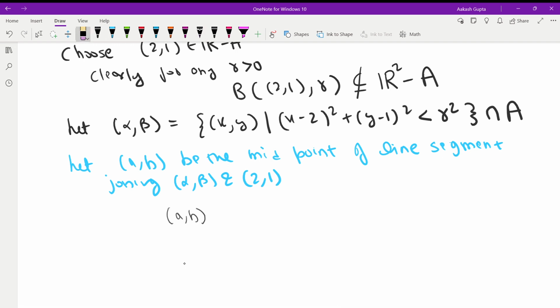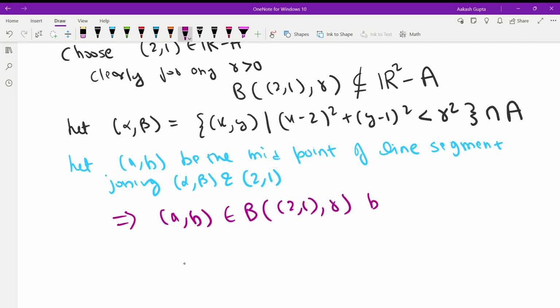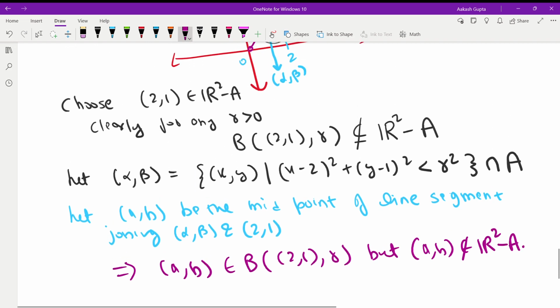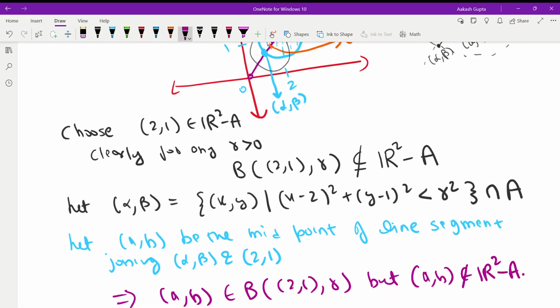So you can clearly see that a comma b belongs to the ball, but a comma b does not belong to R2 minus A.